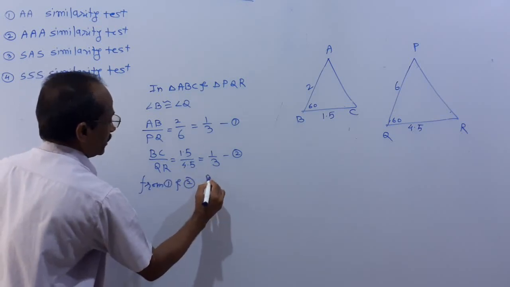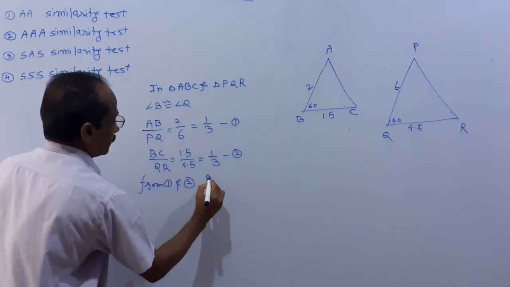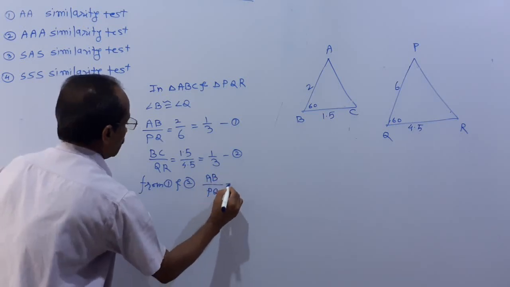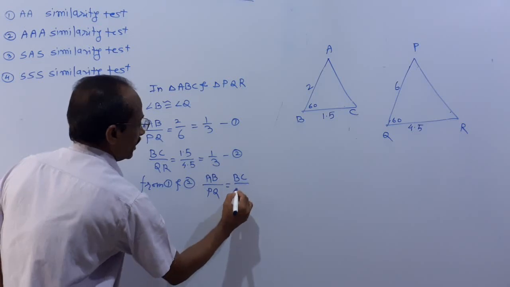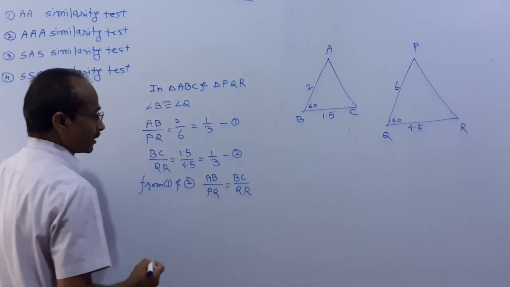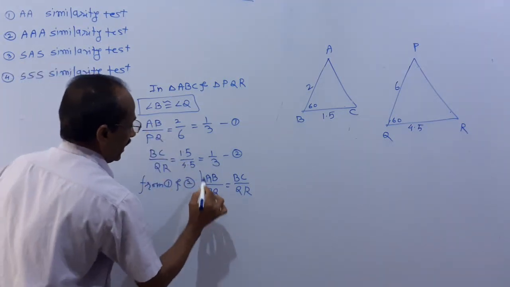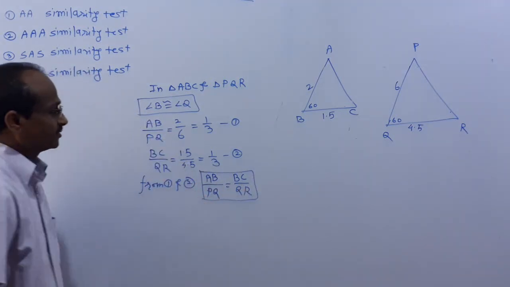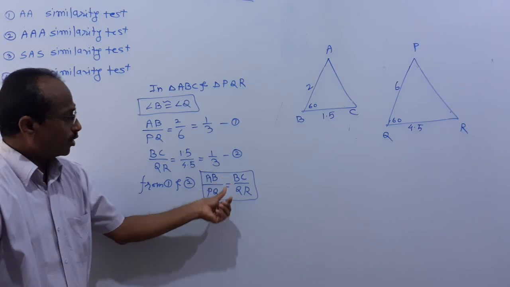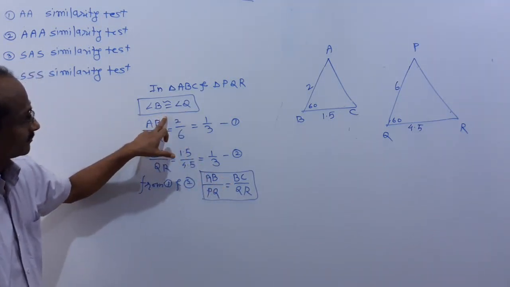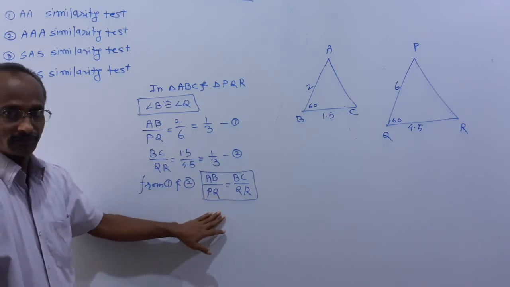So from these two ratios, what do we get? AB by PQ equals BC by QR. Now this angle is congruent and the ratio of the sides which include the congruent angle are in proportion.